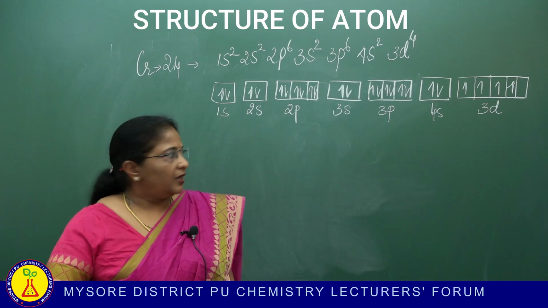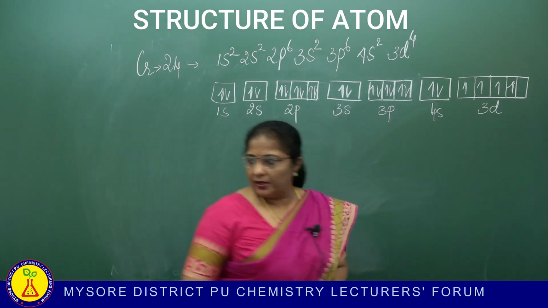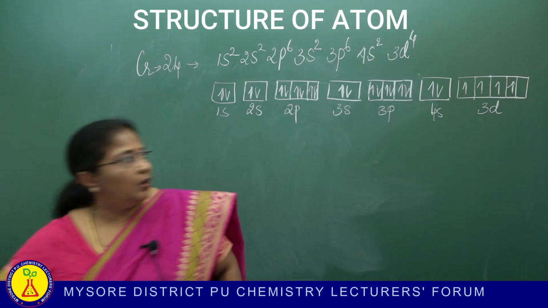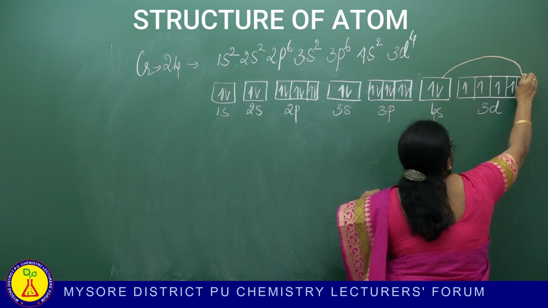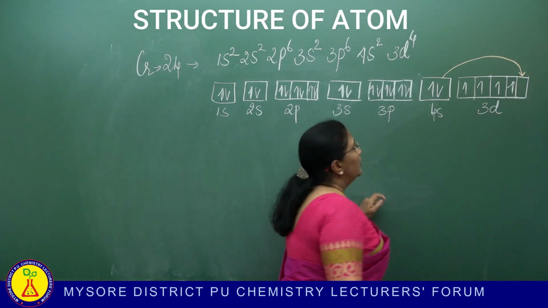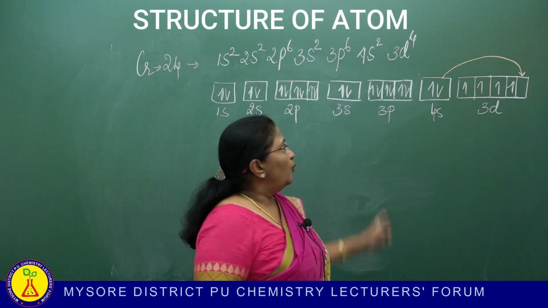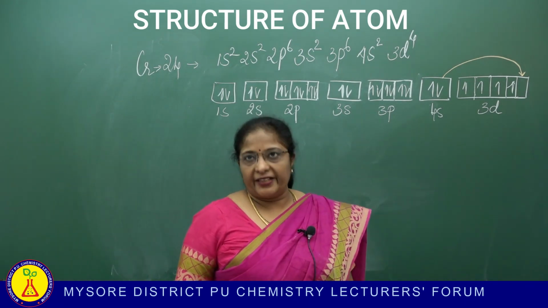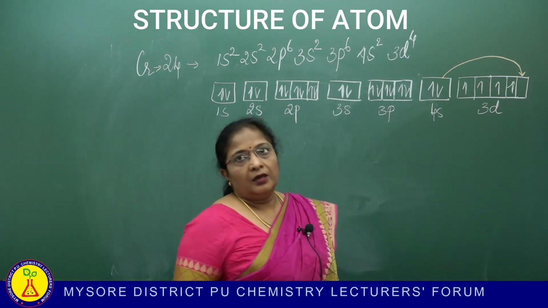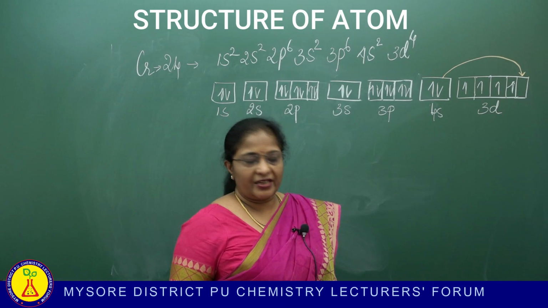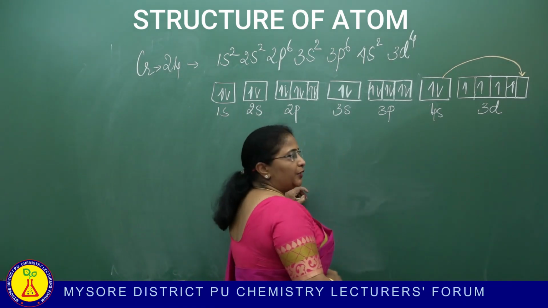The reason being, one electron from the 4s orbital will move on to the 3d orbital. So from the 4s orbital, the electron jumps to the 3d orbital. When that takes place, there is loss of energy, so it will attain a lower energy state, and there is an exchange of electrons.